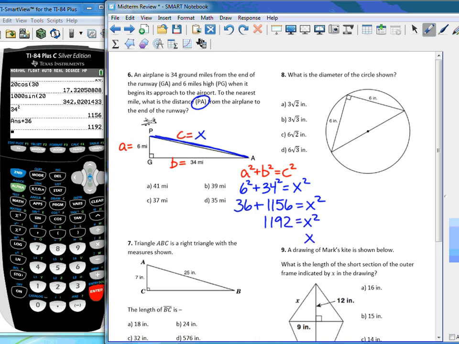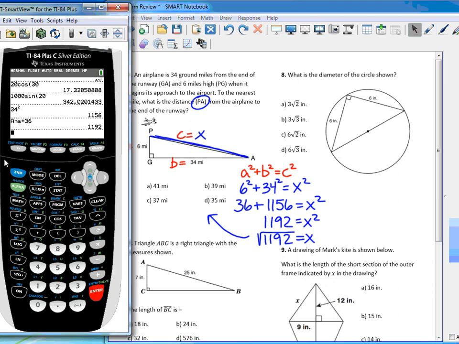Take the square root of both sides, and I'll need to know what the square root of 1192 is, right? Yeah, because they're looking for the closest approximation. So let's come over here. I'm going to do second x squared, and that puts down my square root. 1192, enter.